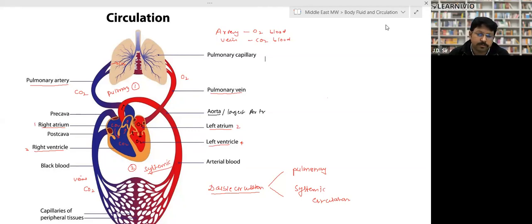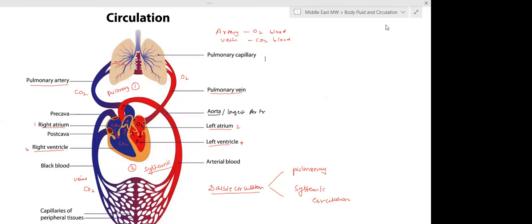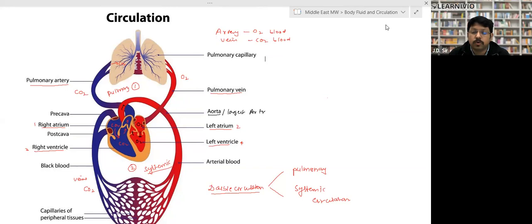Full stop. Sir, can you please repeat deoxygenated blood from tissues? From tissues into right atrium.